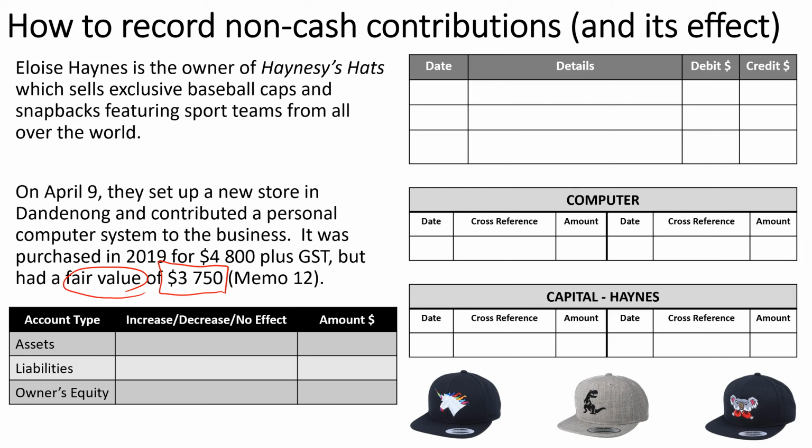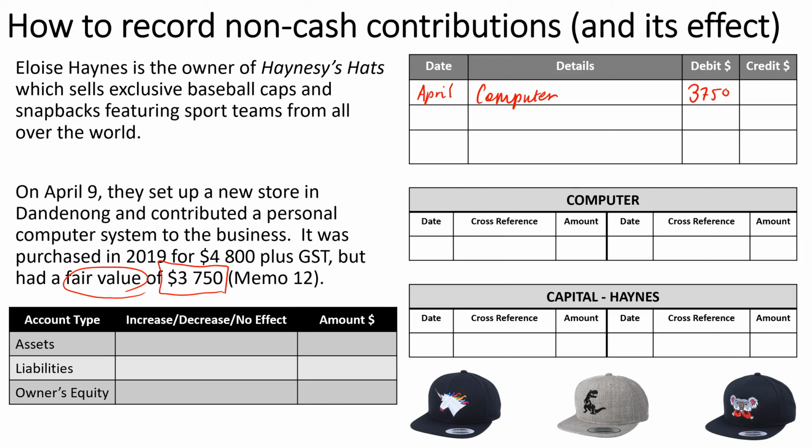So to record this in our general journal, we'll need to record that on April 9, we had a computer, so we know that a computer is a form of asset, and that asset is going to be increasing. So I'm going to debit that $3,750.